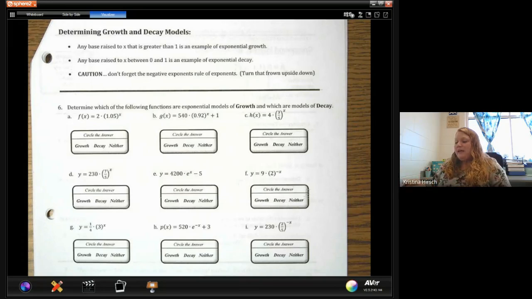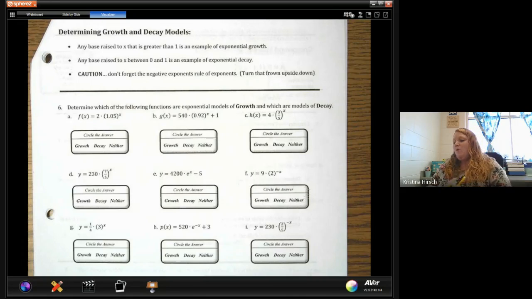So if we're looking at these different growth and decay models, these are just samples of equations or functions that would represent a model. And you might want to figure out, well, do I have growth or do I have decay? Should I expect my amount to go up or should I expect my amount to go down?